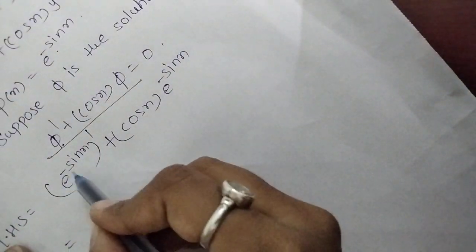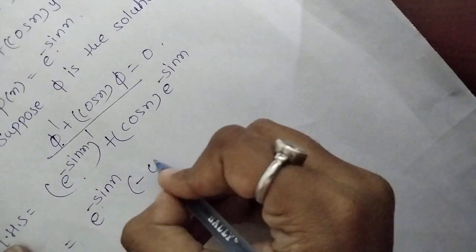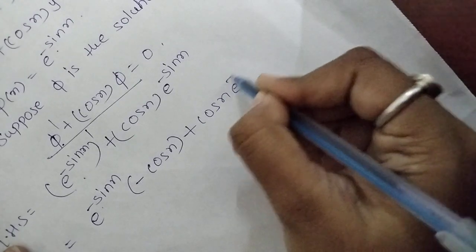Here we take the left hand side. The derivative of e raised to minus sin x is e raised to minus sin x into minus, as the derivative of sin x is cos x, plus cos x e raised to minus sin x as it is.